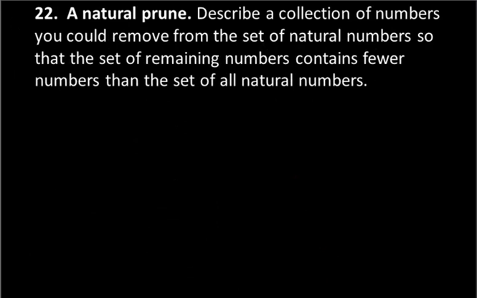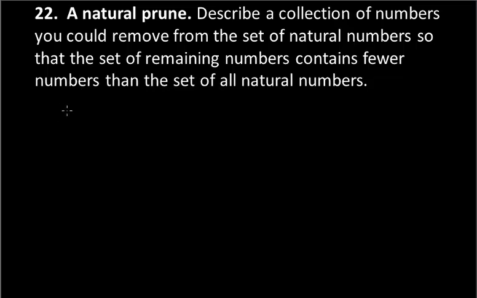Now, question 22 asks us to find a set that we could remove from the set of natural numbers so that the set of remaining numbers does contain fewer numbers than the set of natural numbers. In other words, we want to remove numbers in a way that will leave a finite set remaining.